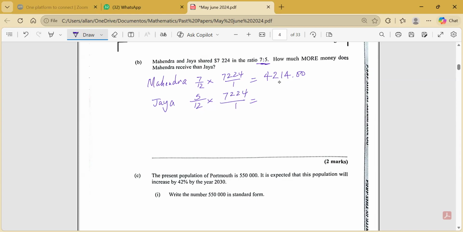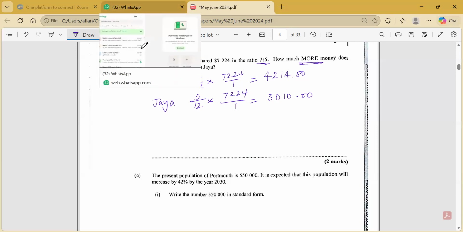That will give me 3,010. So that's some answer in each chat. But remember, Anthony, they ask how much more. So I'll send mine on WhatsApp.